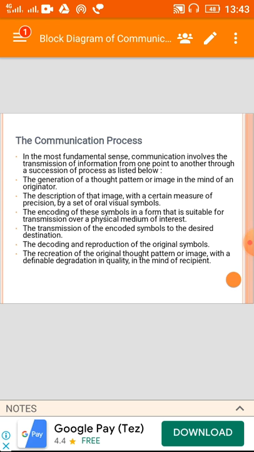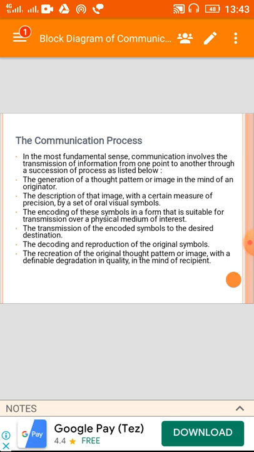Second one is the description of that image, with a certain measure of precision, by a set of oral or visual symbols. Third one, the encoding of these symbols in a form suitable for transmission over a physical medium of interest.